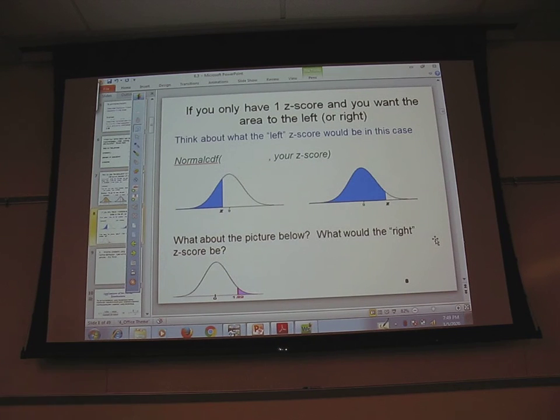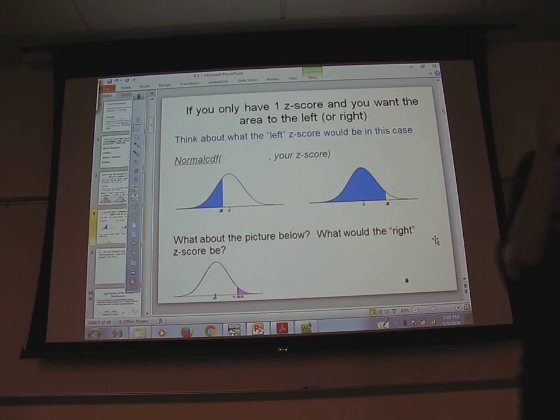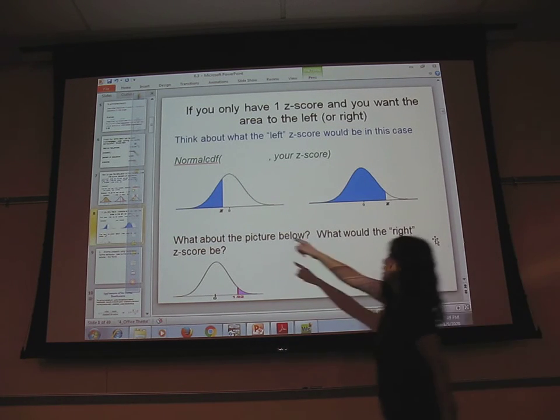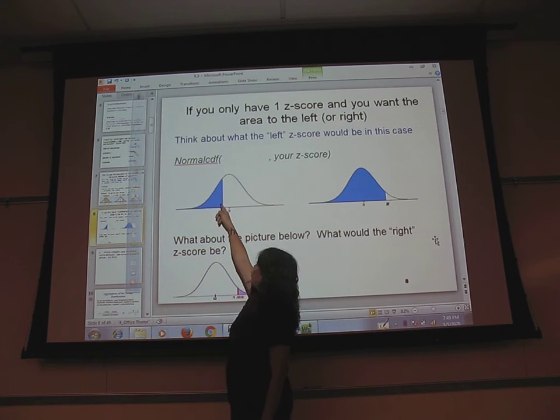Either I'm going to give you 2 values, and you need to find those z-scores and find the area between them. If I only give you 1 value, or 1 z-score, then somewhere along the line they're going to ask you to find the area below it or above it. So either less than it or greater than it. Here's my z-score: is this going to be less than or greater than?